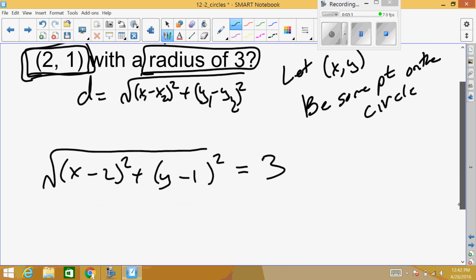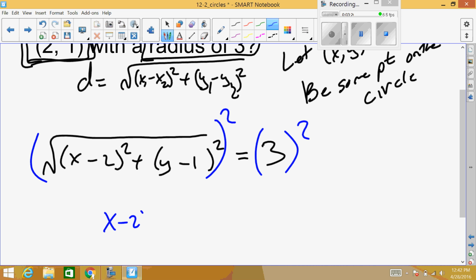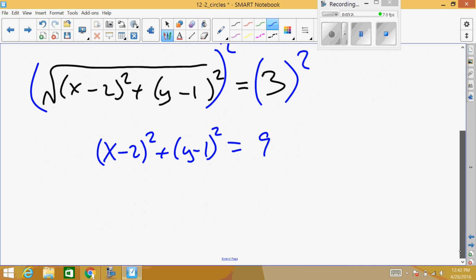Okay, so it looks like I've got everything in order here. To make things a little simpler, I'm going to square both sides to get rid of the radical, and I end up with (x minus 2) squared plus (y minus 1) squared equals 9. That is already a lot simpler than with parabolas; that's already our standard form of a circle.